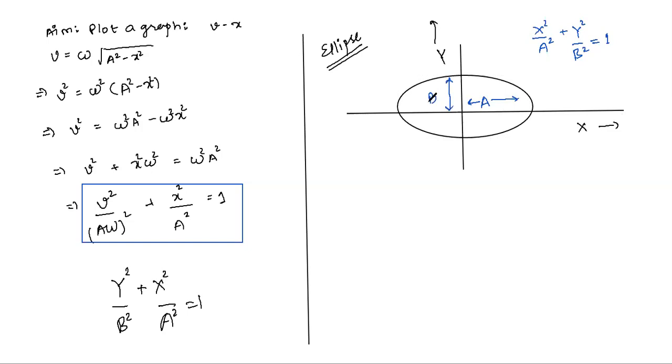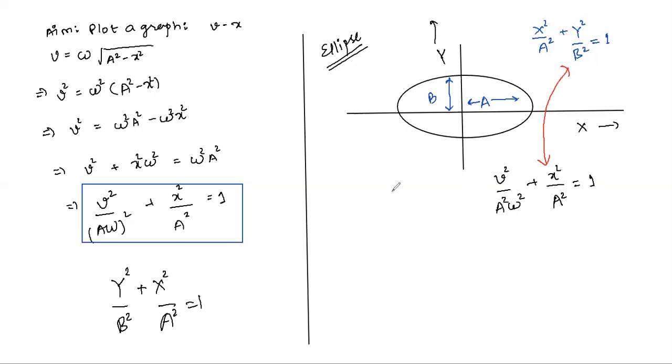Am I correct, Karuna? Try comparing the equation which we have just got, that is v square upon a square omega square plus x square upon a square is equal to 1. Does this equation resonate with the one which we have taken here, Karuna? Are the two equations of a similar sort?